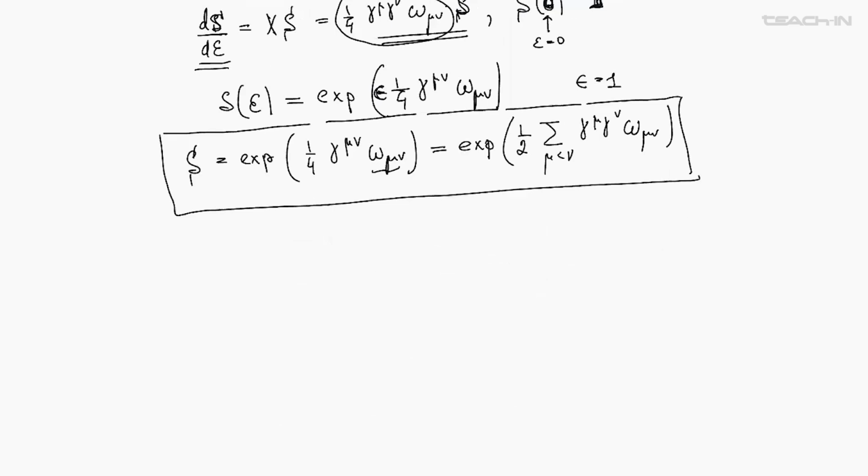So this means that under the Lorentz transformation lambda from the proper orthochronous Lorentz group, our Dirac spinor transforms in the following way.